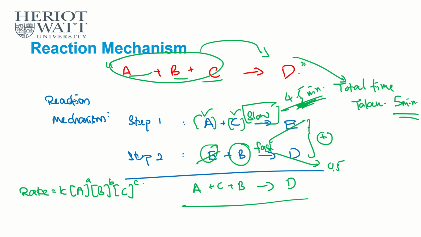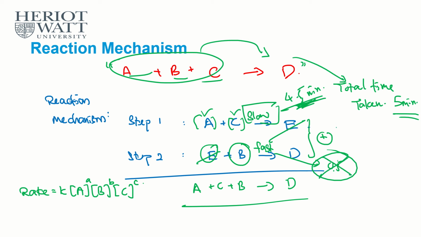Does it affect much the rate of reaction, the overall time taken? Now, it itself is already a fast step. If I increase the concentration of B and E, the most they can affect is 0.5 minutes. Let's say I increase the concentration of B. What happens? They increase the speed of reactions, and then they reduce the time by 0.5 minutes.